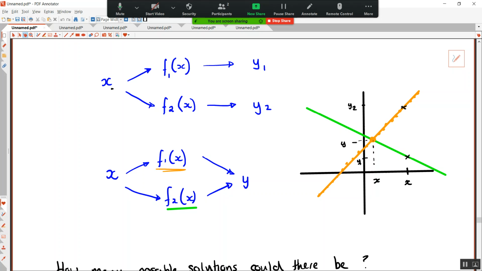And we talked about this before, where what that means is if I've got straight line functions, so maybe the orange one is the first function and the green is the other, they will meet at a point potentially.